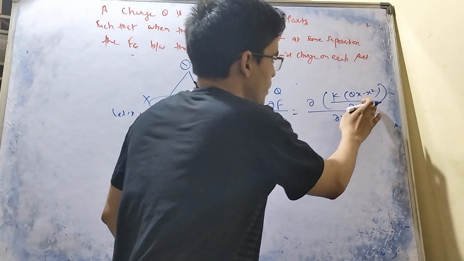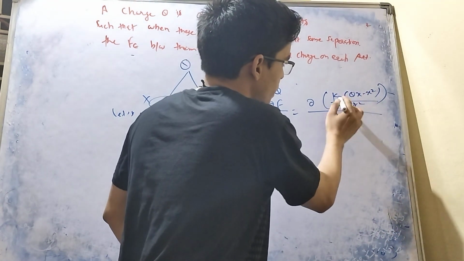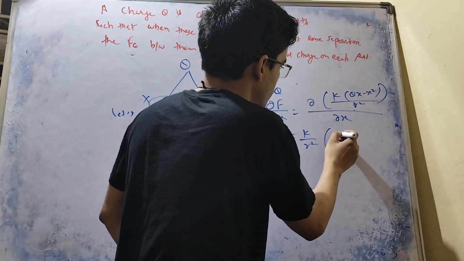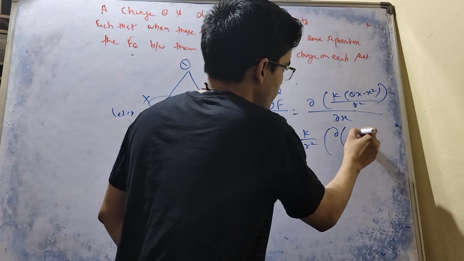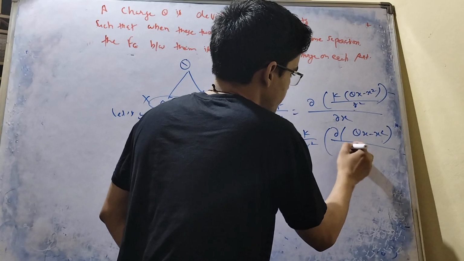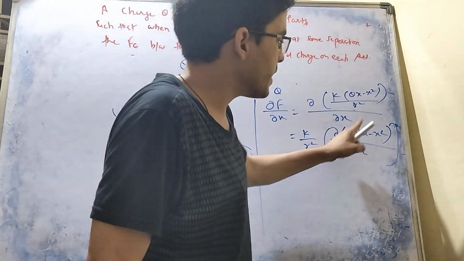Check here. Is it correct? Now see, R square and K are constant, take them common. K upon R square, take common. Now the differentiation of Qx minus X square by dx, check. Now here this is an a by b ratio.